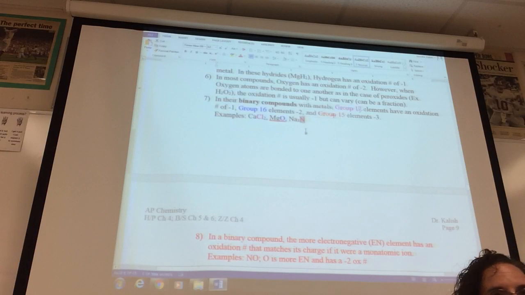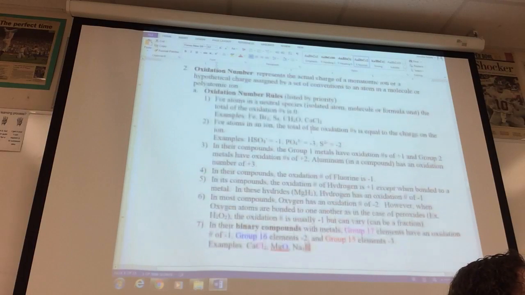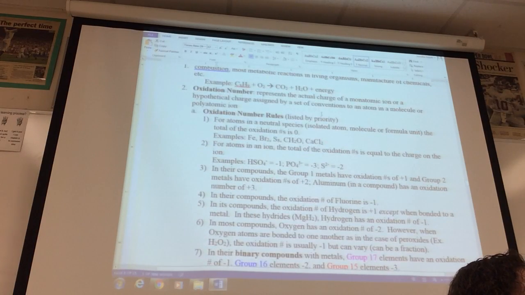Something hooking up with nitride or any group 15 will have -3. So that's going to be its oxidation numbers. And an oxidation number is just the charge either of a monatomic ion or a hypothetical charge that you will assign to atoms in a molecule or a polyatomic.